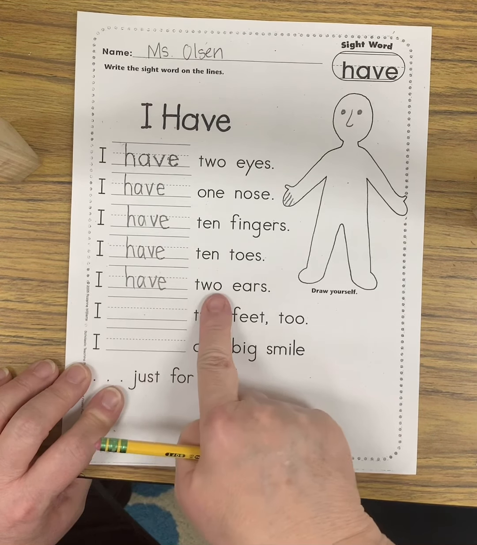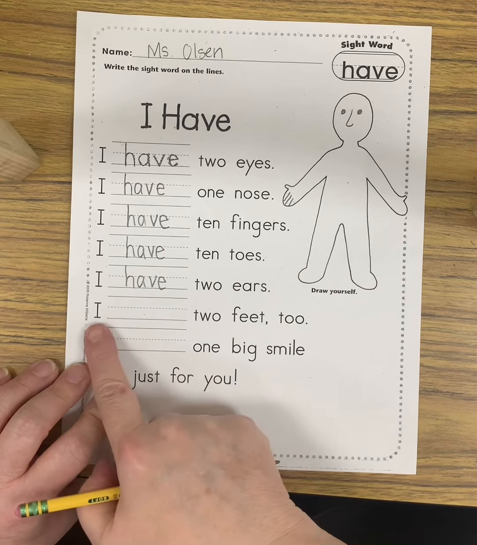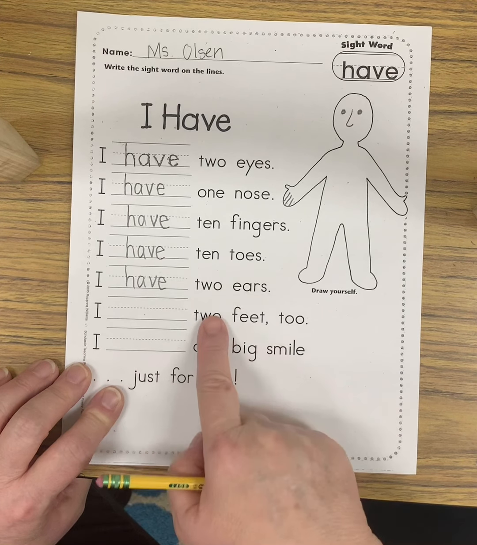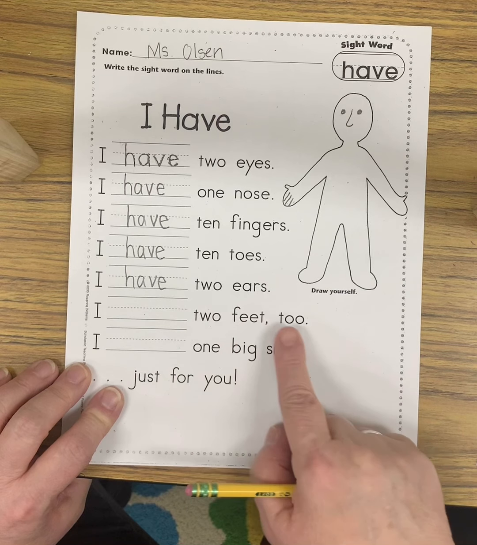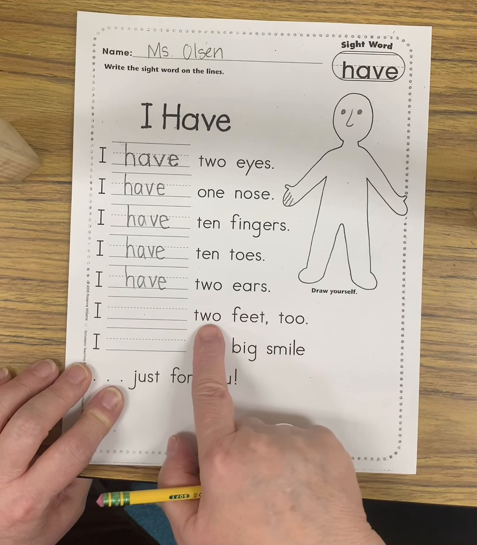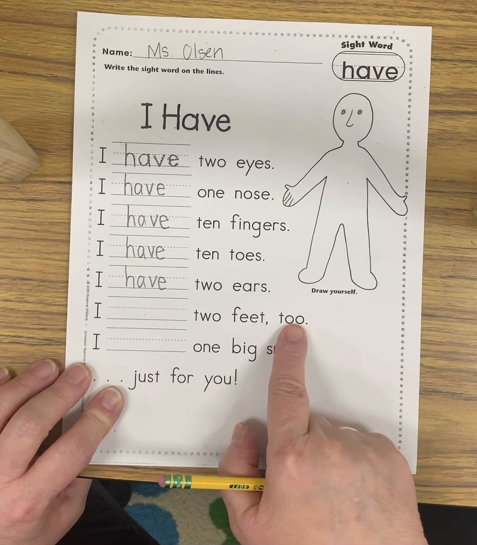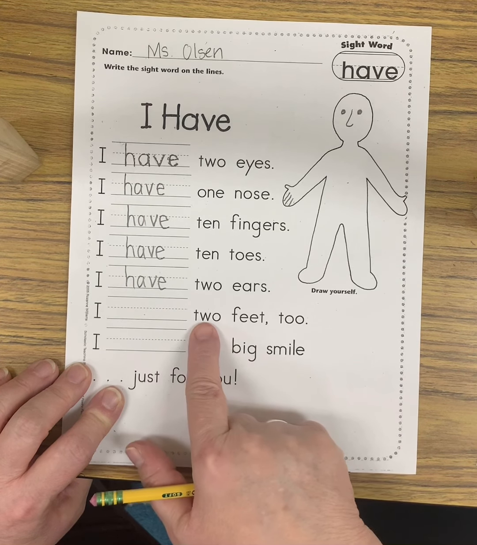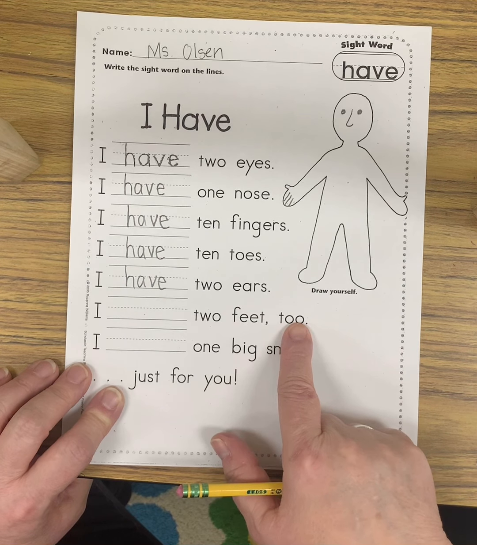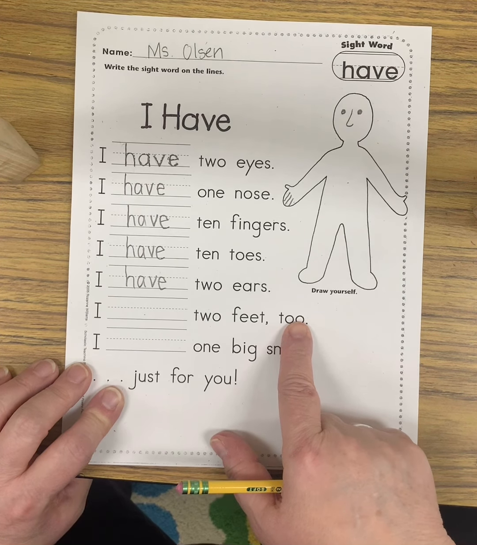I have 2 ears. I have 2, there's that word again, 2 feet. This 2 is different from this one. It's the same word. It's called a homophone, a silly word, but 2 sounds the same. That's why it's phone.